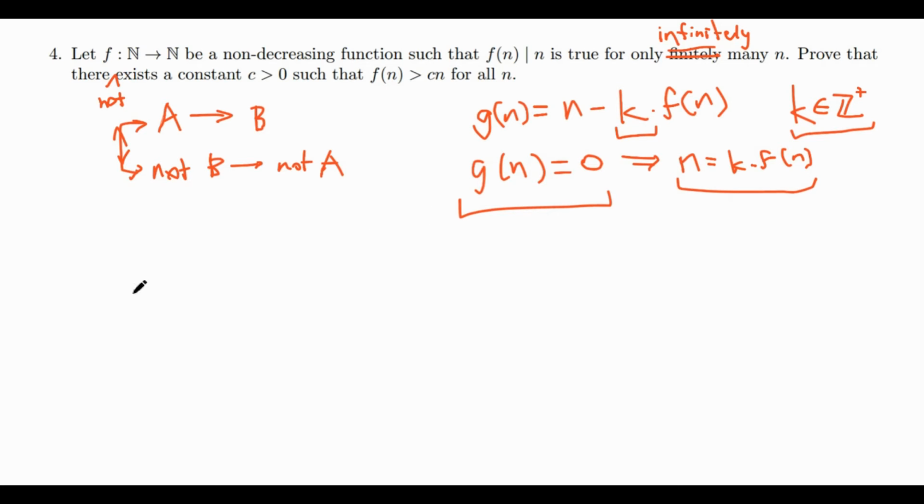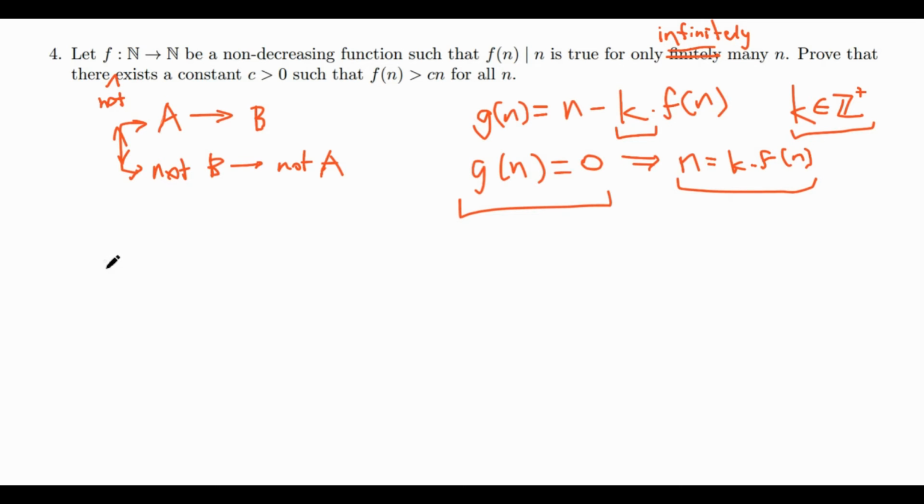So in order to prove this, let's try to do a sort of continuity argument. If we can prove that at some point g of n is less than 0, and at another point g of n is greater than 0, and that g of n also increases by at most 1 each time, or something similar to that, then it follows that g of n equals 0 at some point.